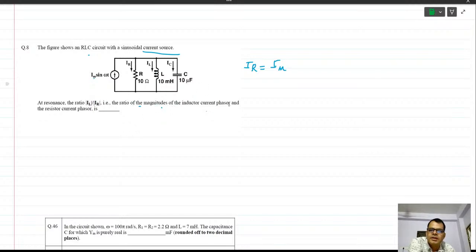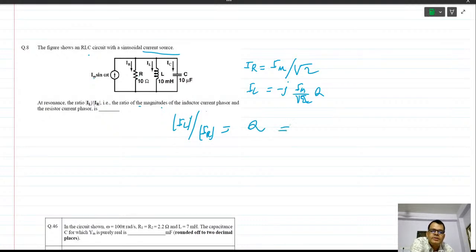The ratio of the magnitude of inductor current phasor. So Im upon root 2, this is the phasor for the resistor, and for the inductor IL is equal to minus j Im upon root 2 into Q. So when you take the magnitude of both the phasors, that is IL magnitude to IR magnitude, root 2 cancels, Im cancels, so you have only Q. And Q of the parallel resonance circuit, we have just discussed, that is R upon omega L or omega RC.